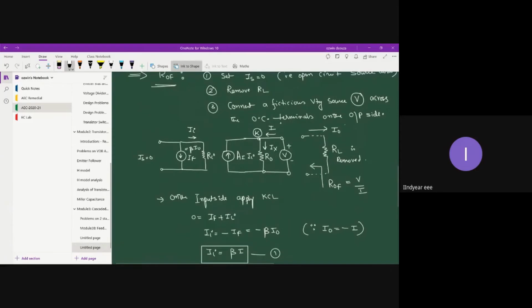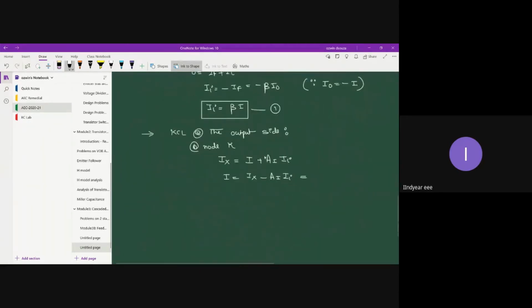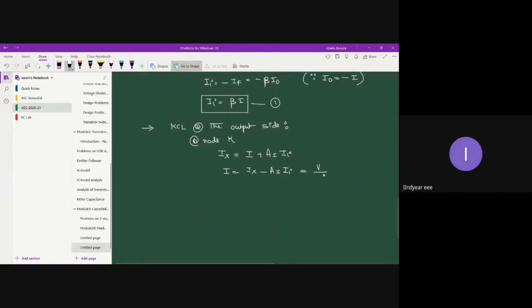What is IX? As I said in the beginning, IX is the current flowing through R0. If you observe carefully, across R0 voltage V is present. Having known the voltage, you can find the current. So IX is nothing but terminal voltage V divided by R0. So in place of IX, we can write V by R0, minus AI times II.